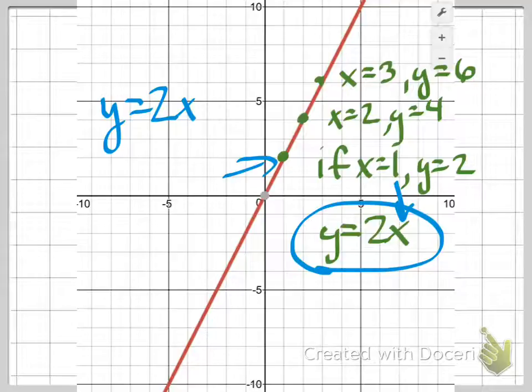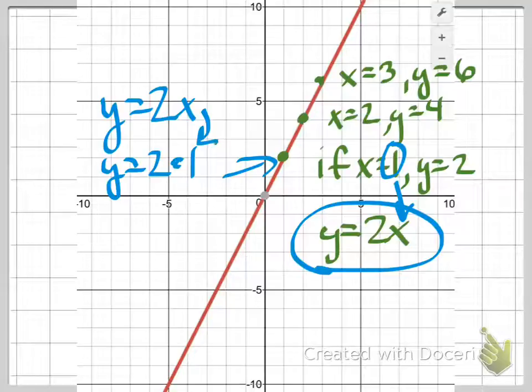If I say that x equals 1, as shown here, that is the equation of y equals 2 times 1. That 1 came from x over here. That means y equals 2, which is at this coordinate. I went over 1, and then up 2.